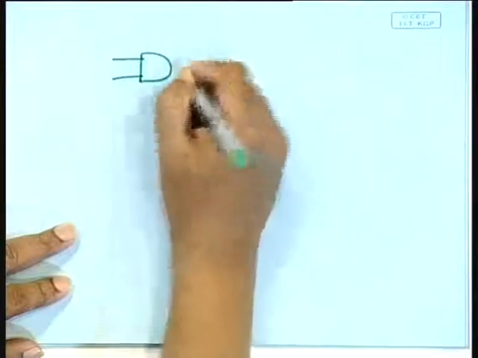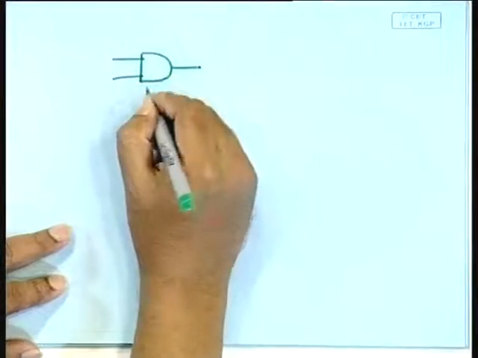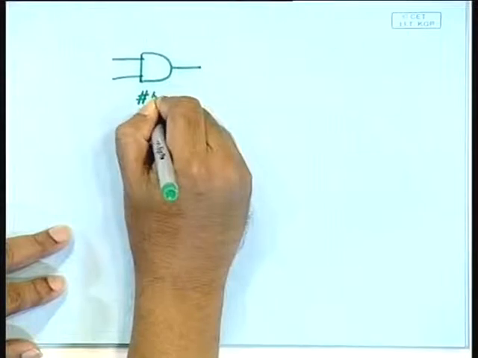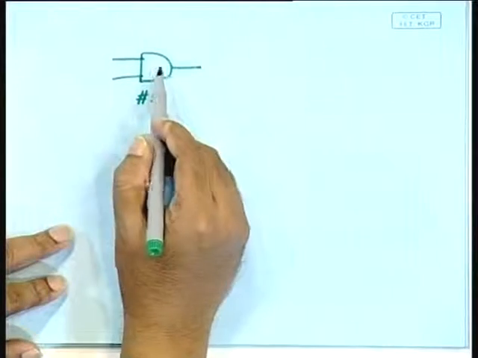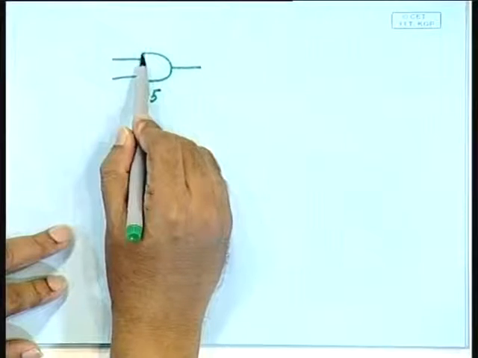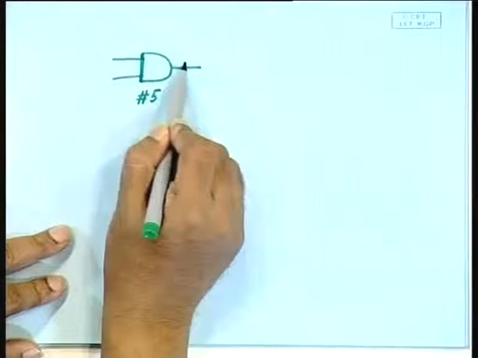So we are going to go into transport delay now. Okay. So let me talk about transport delay. In transport delay, if I have a #5 delay, that would mean that it takes 5 units of time for the input to propagate to the output.